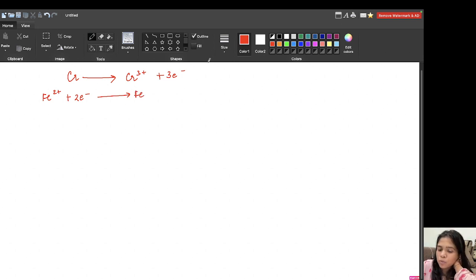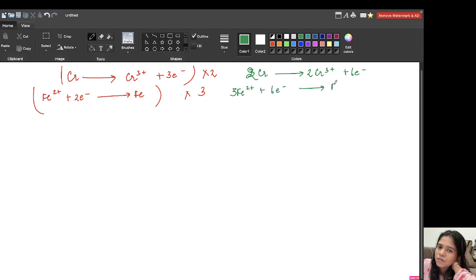Now can you see the electrons are not equal. In order to make them equal, I'll multiply this with 2 and this with 3, so that you get a total of 6 electrons. So 2 Cr is giving you 2 Cr3+ and 6 electrons, and here 3 Fe2+ and 6 electrons is giving you 3 Fe.